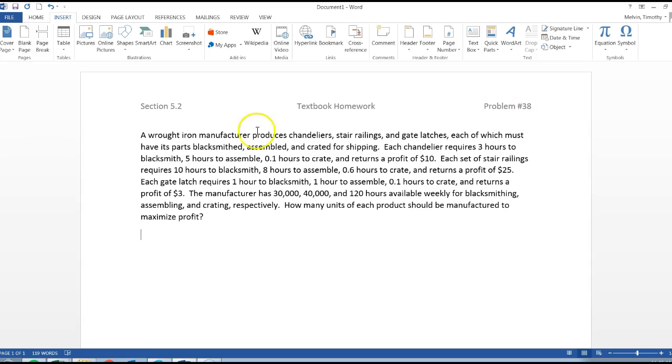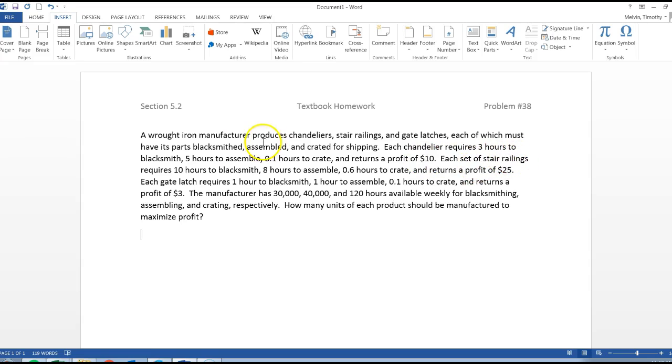An iron manufacturer produces chandeliers, railings, and latches. Each part has to be blacksmithed, assembled, and created for shipping. Each chandelier requires 3 hours to blacksmith, 5 to assemble, and 0.1 to create, and it gets a profit of $10.